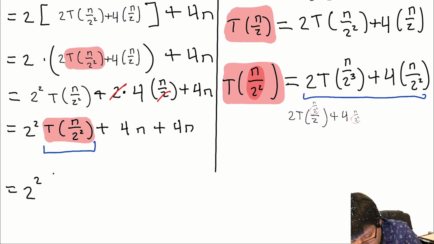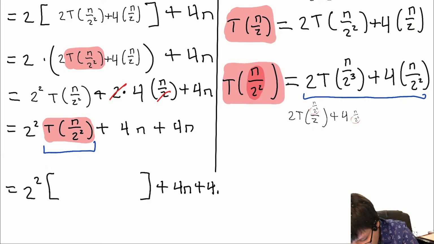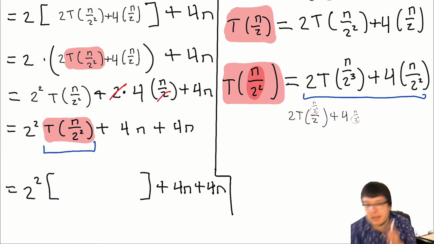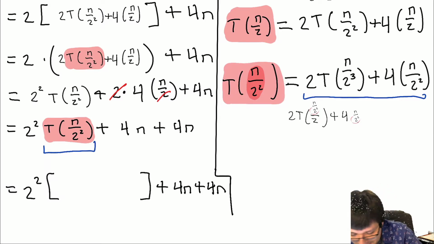First, I'm going to write all my stuff out, leave a space in there so I can copy paste. And then I got my 2 and 4n. Now I'm literally going to copy paste again.